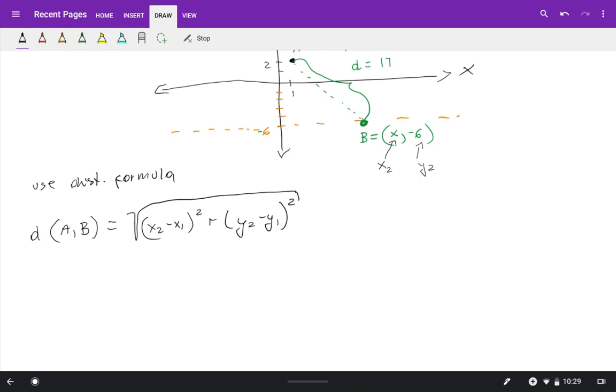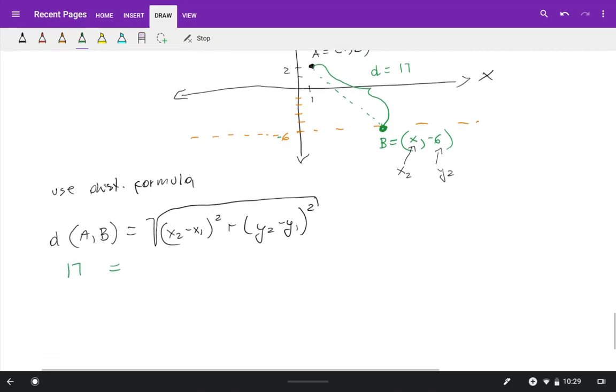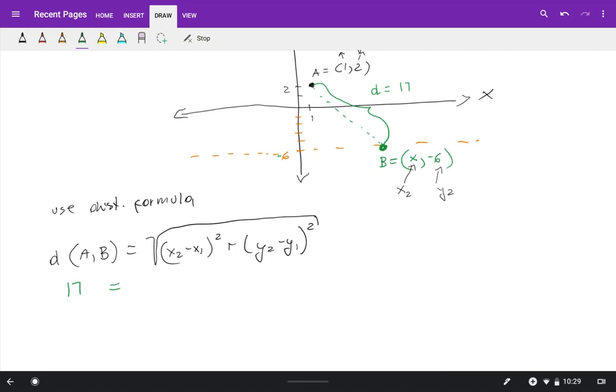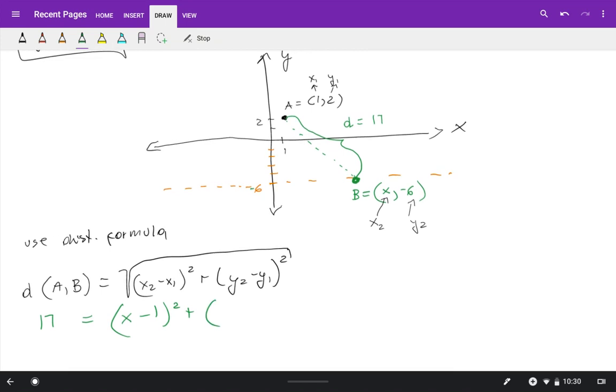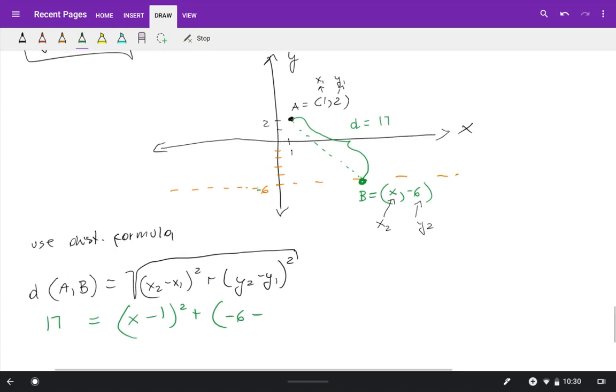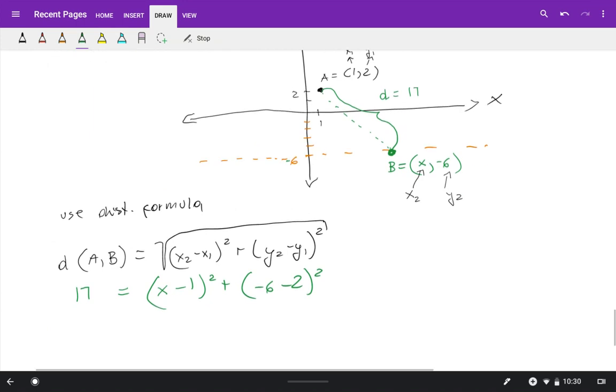Okay, so we're going to just substitute. We know the distance is 17. So 17 equals the square root of x2 minus x1, so x2 is the coordinate of point B, which we're trying to find. We don't know it, so I will just put x minus x1. x1 is the x coordinate of point A, which is 1, squared, plus y2 minus y1, so y2 is negative 6 minus y1, which is the coordinate of point A, which is 2, squared.